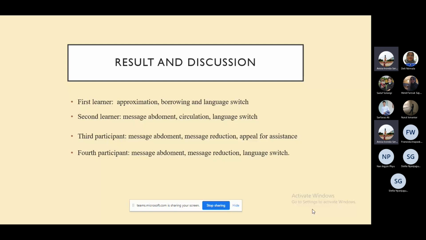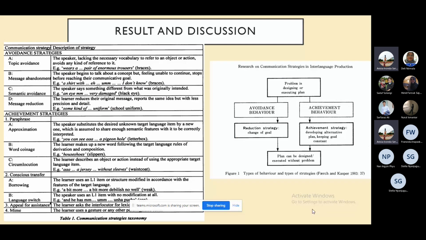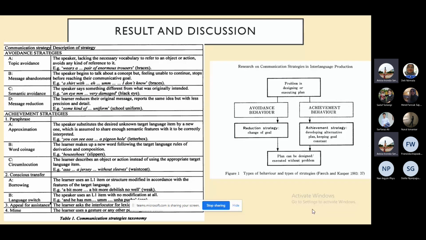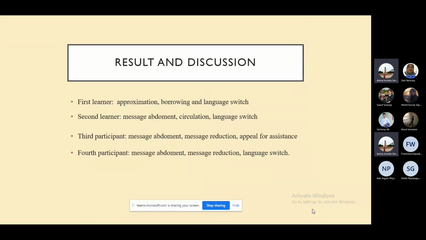Let's go back to here. This is the avoidance strategies and achievement strategies. From these two general strategies, I see that my first learner used most of the items from achievement strategies. The second learner used one from avoidance strategies, and the two others from achievement strategies.